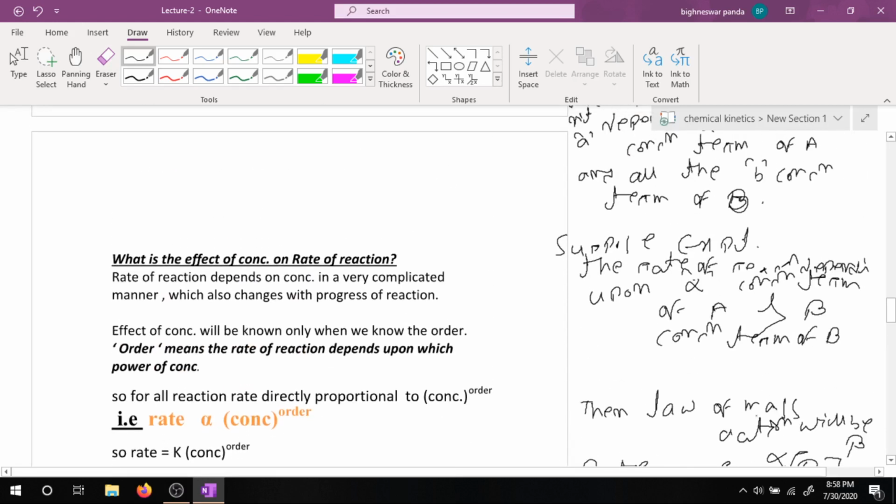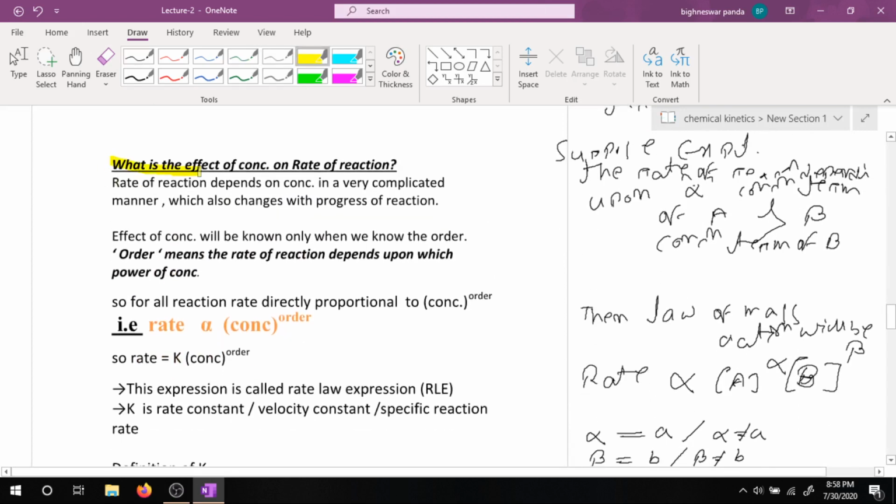Then come to the next part. What is the effect of concentration on rate of reaction? So what is the actual effect of concentration on rate of reaction?